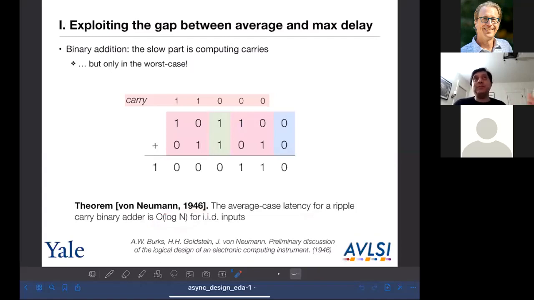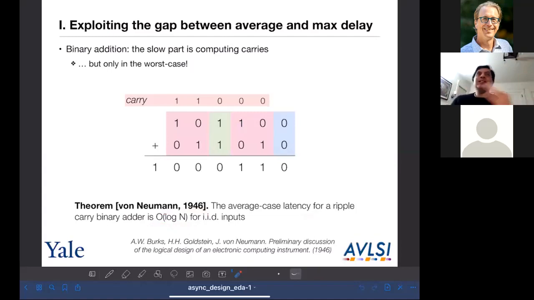So that's kind of interesting because we know the worst case is order n in this case, but on average, you get a log n latency, right? So that was why they said, we should design arithmetic this way because with much fewer devices, we still get an efficient arithmetic block, okay?